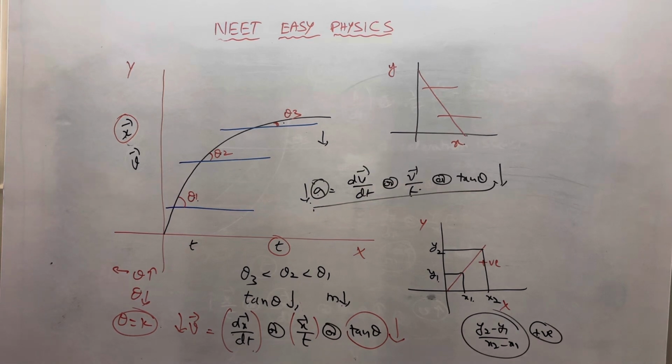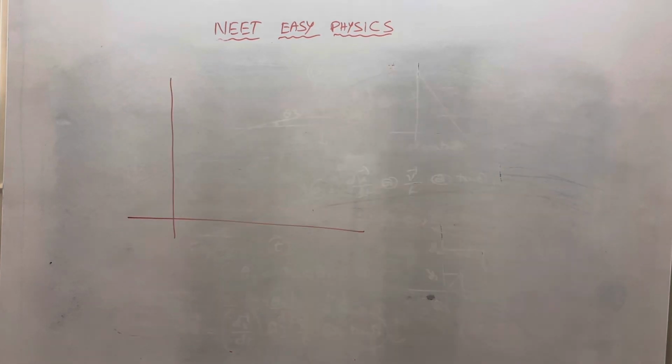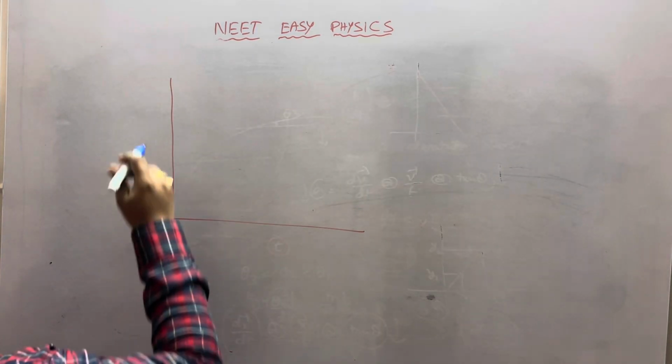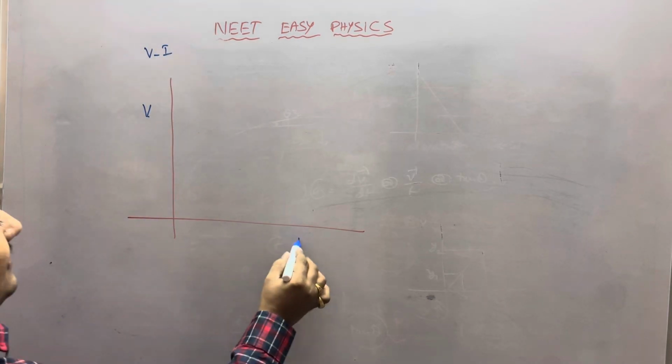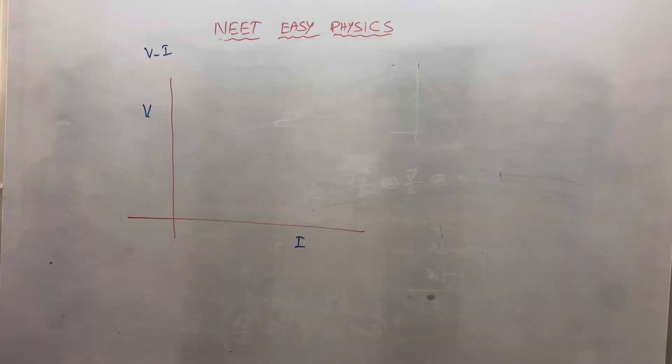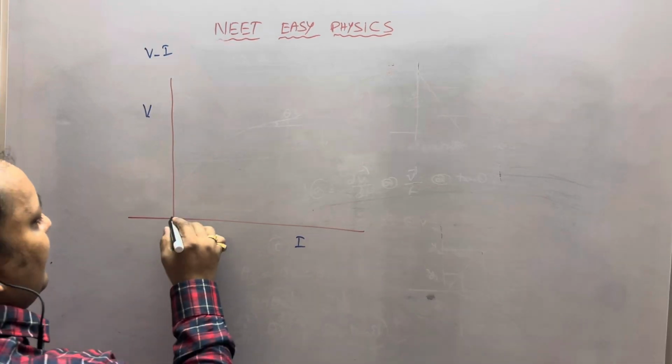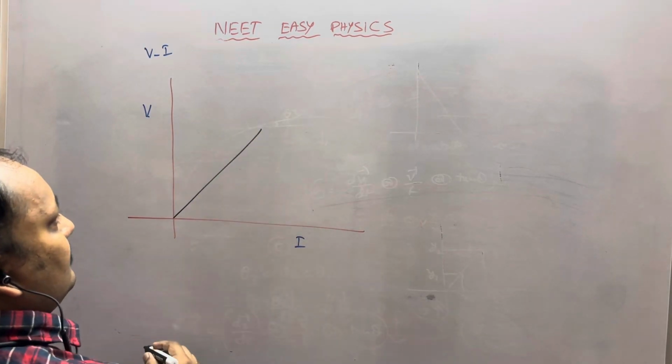Let us assume you are taking one VI graph. Whenever they are saying VI graph, voltage is on the y-axis, current on the x-axis. So the graph will be coming, let us assume, like this.